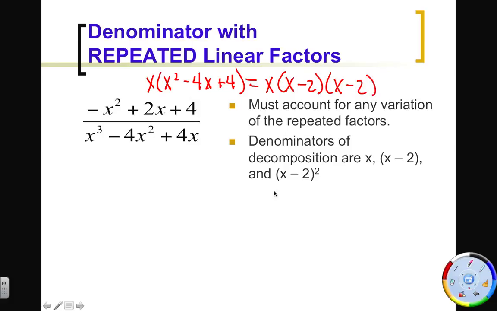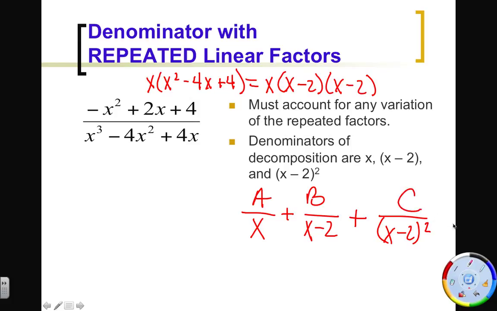So when we decompose, we would have 3 different denominators. We would have something over x plus something over x minus 2 plus. Now we don't want to repeat the same thing because then it wouldn't work, but we would want an x minus 2 squared. And then again, we would just have A, B, and C.